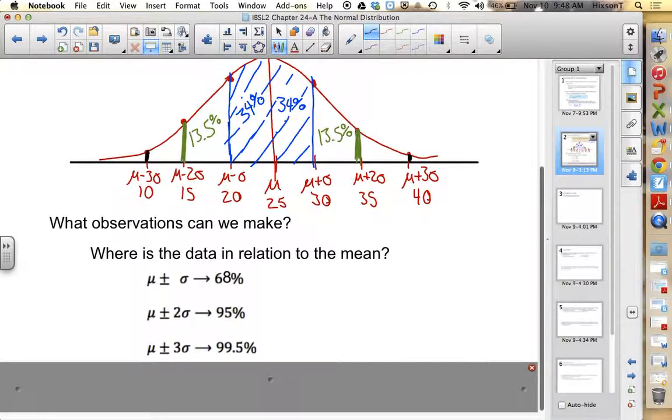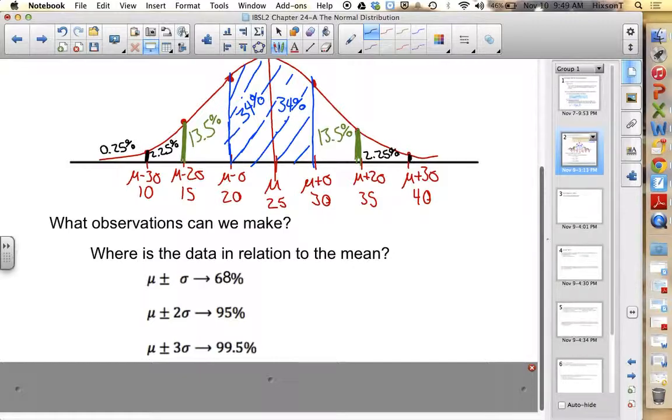Alright, so if you think about it, we need 2.25% in each of these tails here. And then that just leaves 0.5% for everything else. So beyond 3 standard deviations to the left, that's going to be 0.25%.